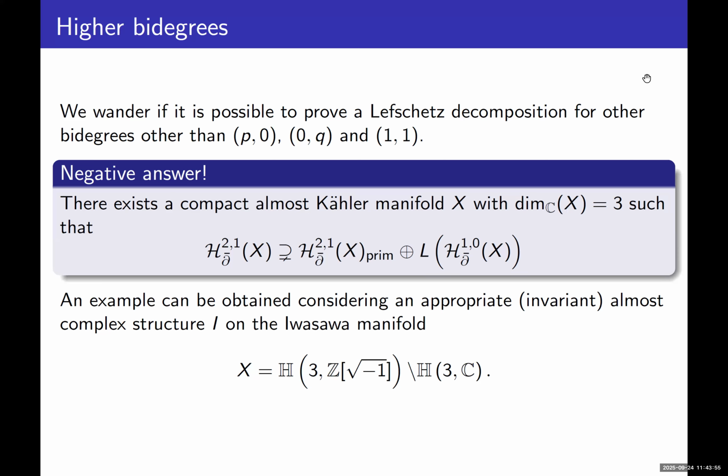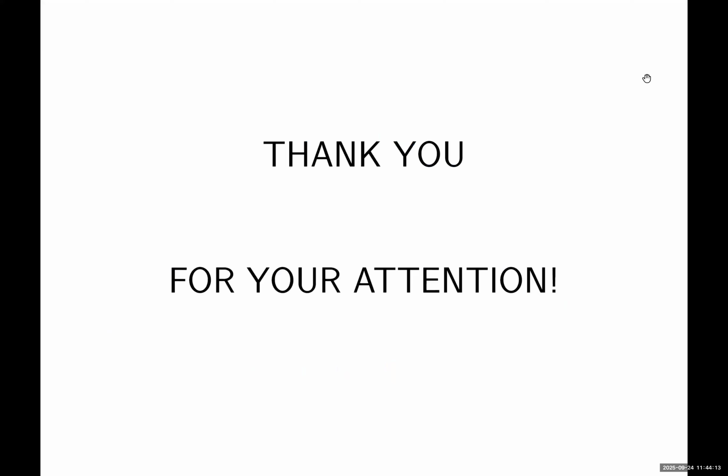We need the metric, we need the complex structure, but this seems to be a fruitful field where one can find something new in the almost complex case, which is what we were trying to do. And great, so I think this is all I wanted to say to you today. Thank you very much for your attention.